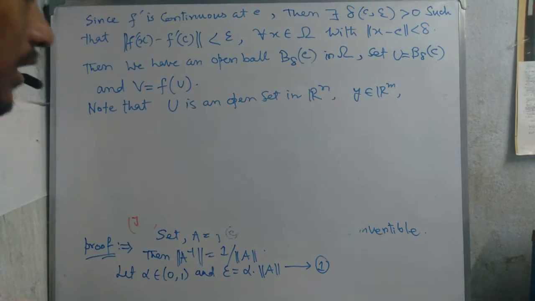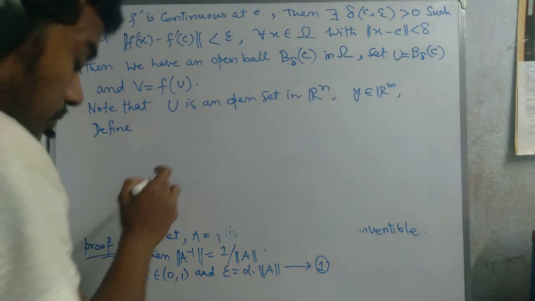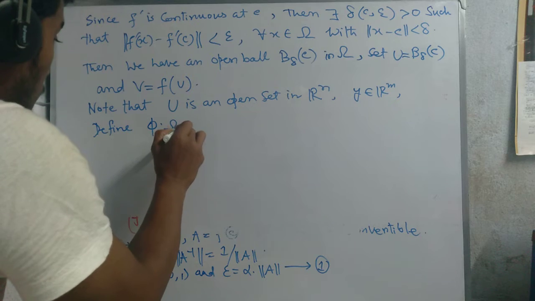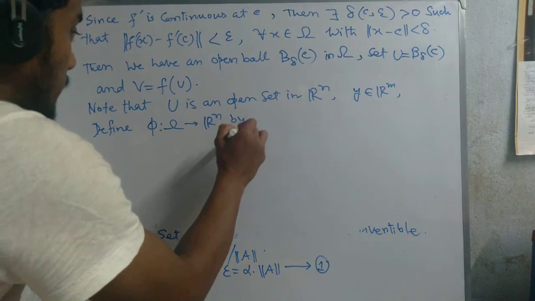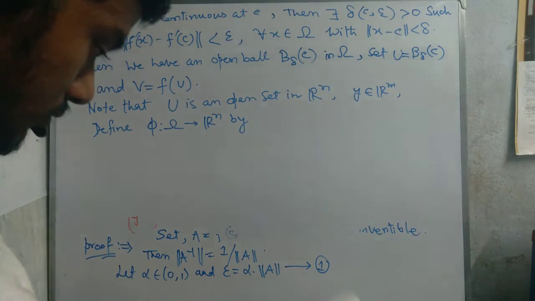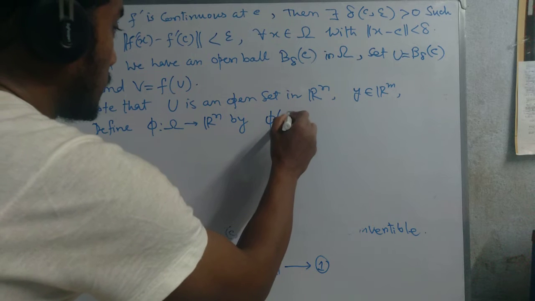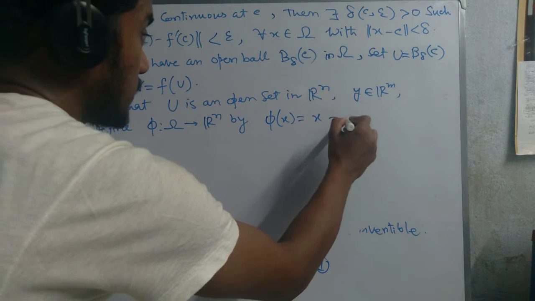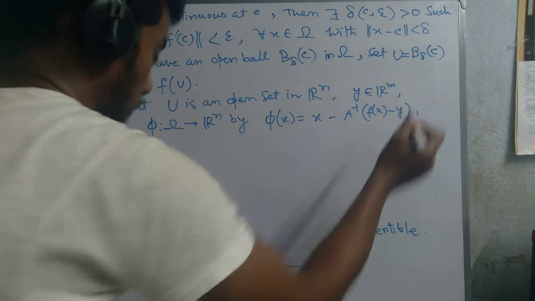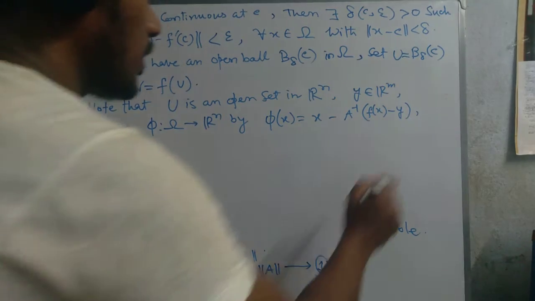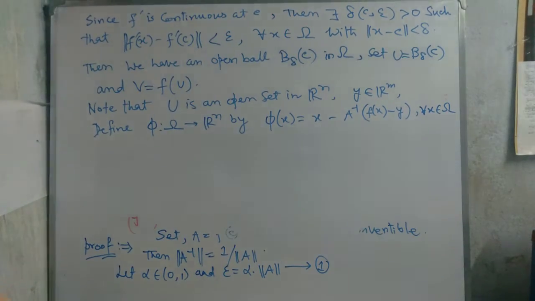So define phi from Omega to R^n by phi(x) equal to x minus A inverse (f(x) minus y) for all x belonging to Omega.